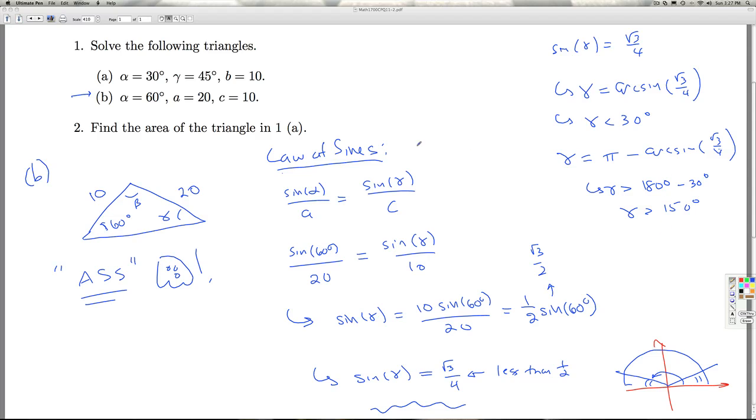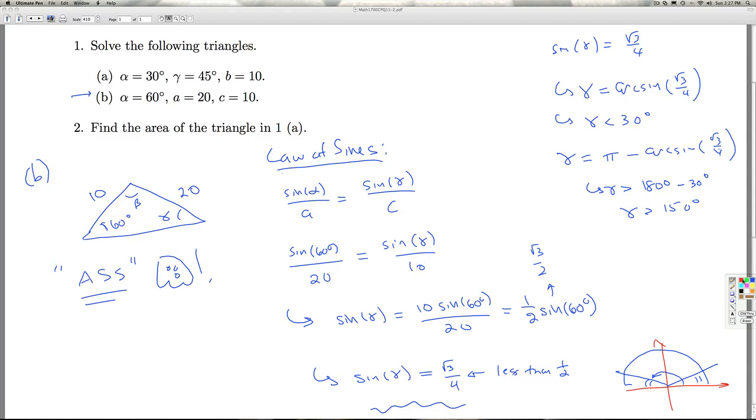Now let's go back to my original. I'm given that alpha is 60 degrees. So given that alpha is 60 degrees, it's certainly possible that gamma is less than 30, okay? Because that would be at most 90 degrees of the triangle, and so beta would be the rest of it. But if I have an angle in there bigger than 150 degrees, there's no way I can have the other angle in there 60 degrees, because 60 plus 150 is well over 180, okay?